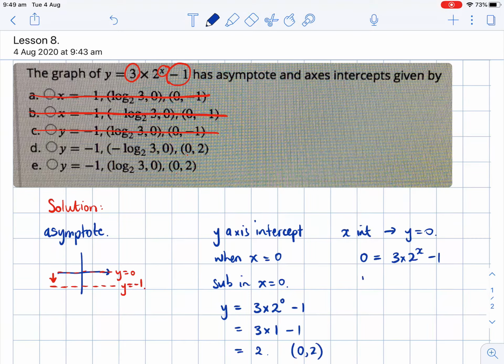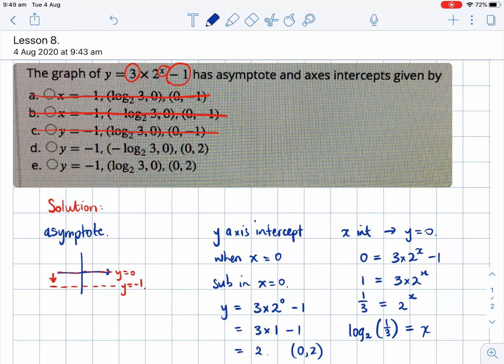I move the 1 to the left hand side of the equal sign and make it a positive. I then divide both sides by 3, and then I need to take a log to the base 2 of 1/3 equals x.